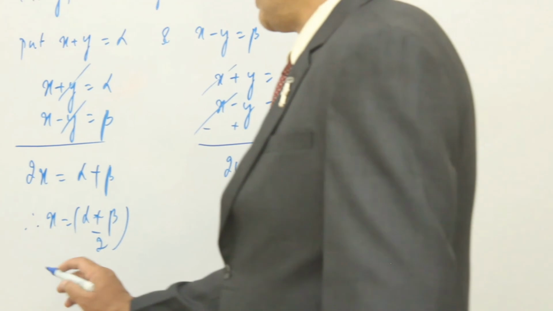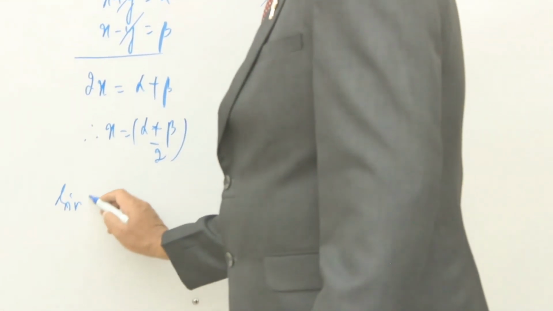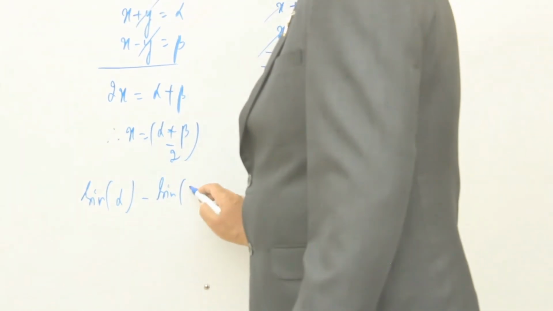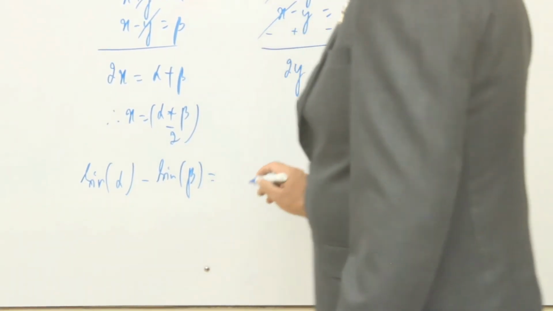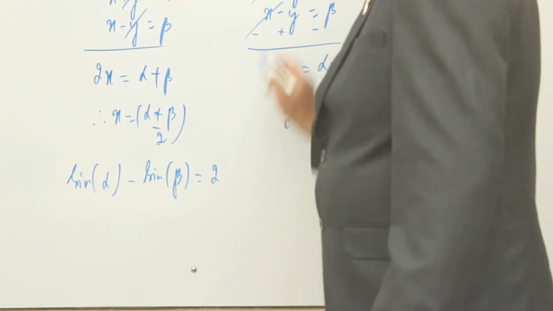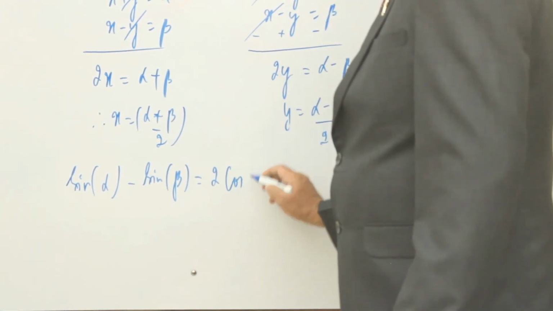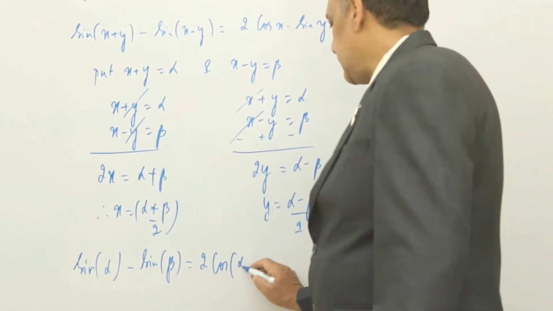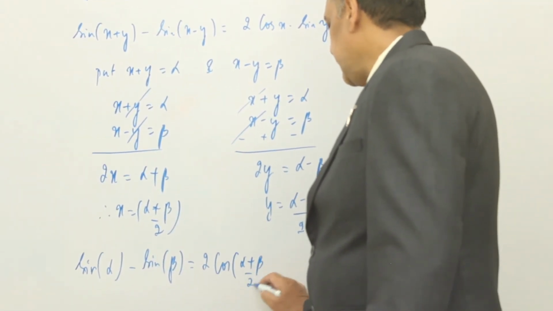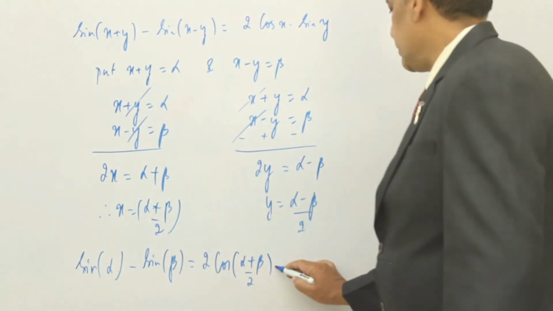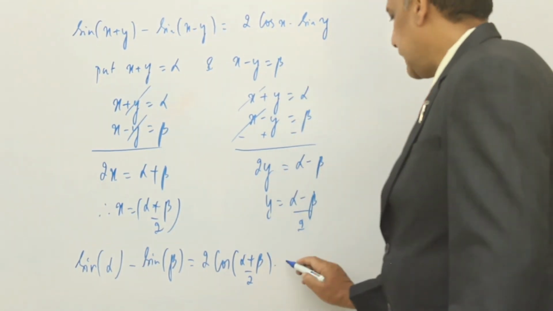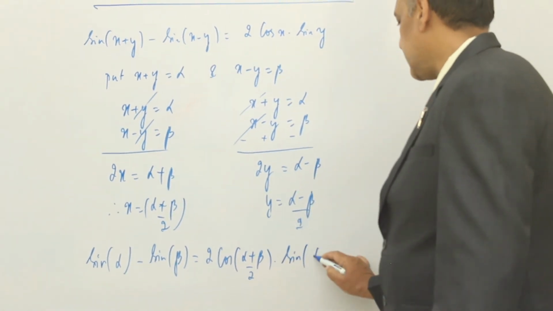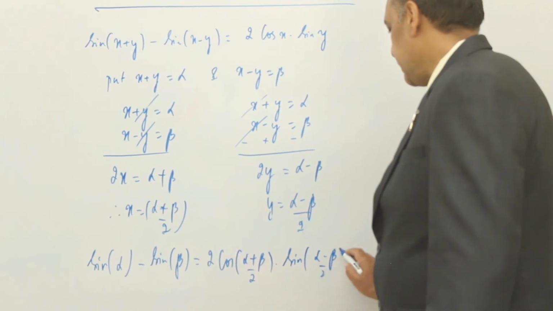Substituting these in these equations, we get sine of alpha minus sine of beta equals 2 cos x, where x is nothing but alpha plus beta by 2, so it will become alpha plus beta by 2, into sine y, and in the place of y, substitute the value of y, which is alpha minus beta by 2.